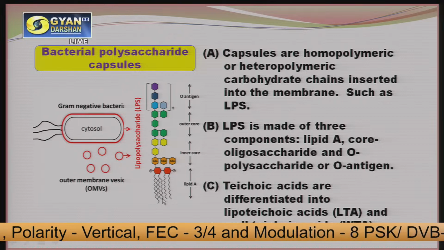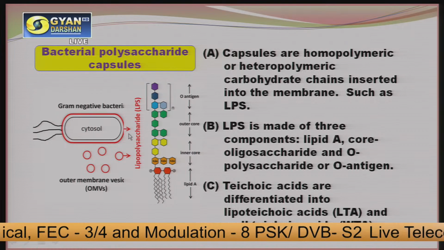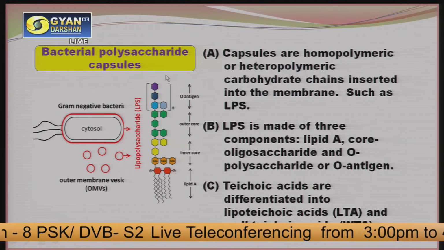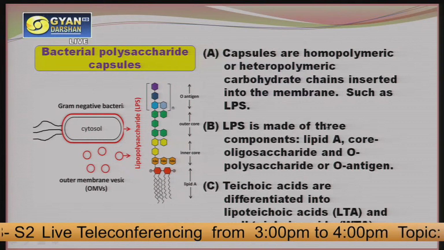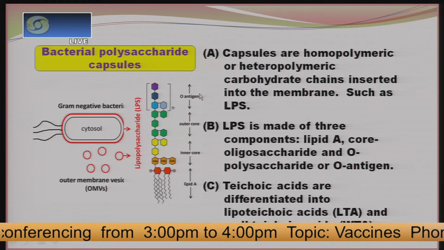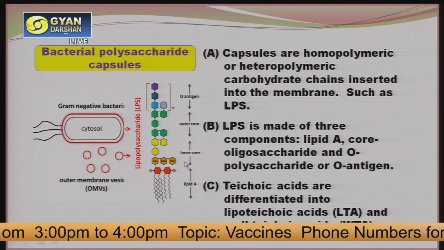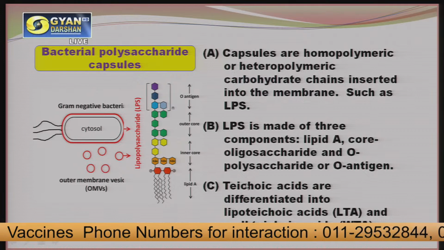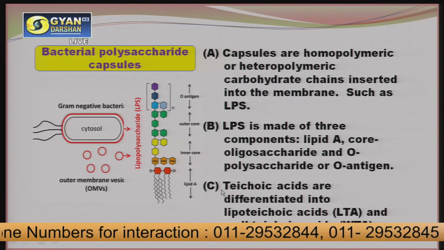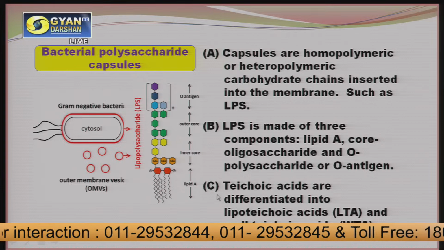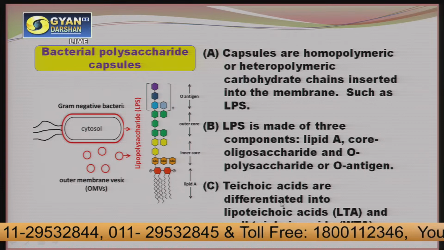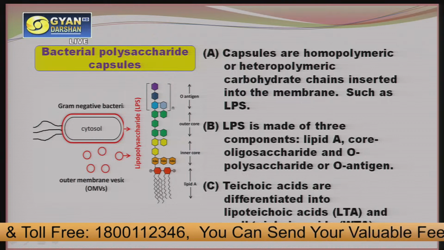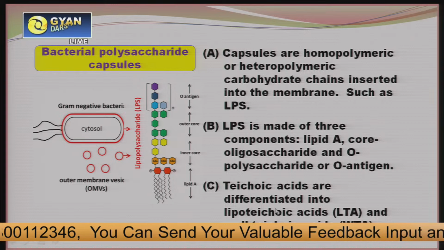So they are able to insert into the wall of the particular microorganism. Basically, LPS is made of three components: O antigens, outer core, inner core, and lipid A. Another very important chemical present in gram-positive bacteria is teichoic acid, which is differentiated into lipoteichoic acids and wall teichoic acid, and they can act as antigens.